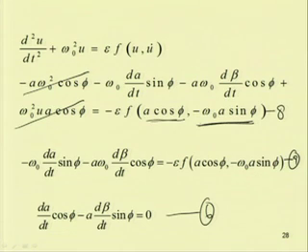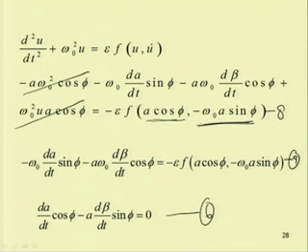From equations 9 and 6 we can find the equations for dA/dt and dβ/dt. Multiplying the first equation by cos phi and the second equation by minus omega 0 sin phi and adding, we get the expression for dβ/dt.